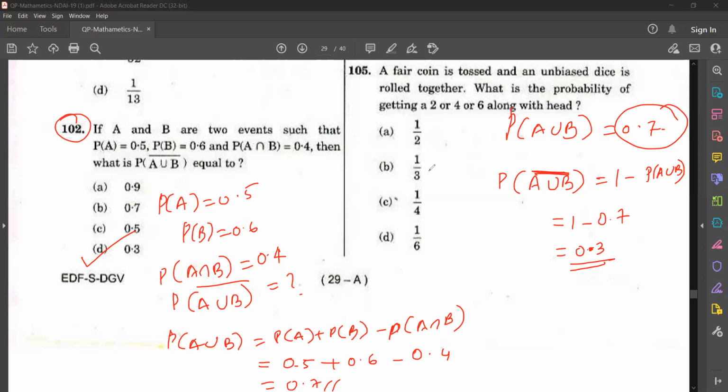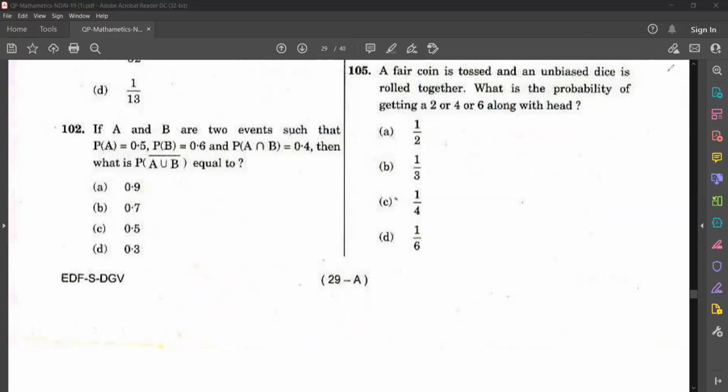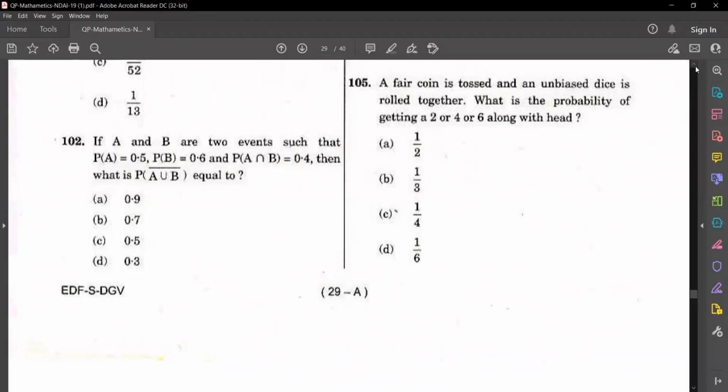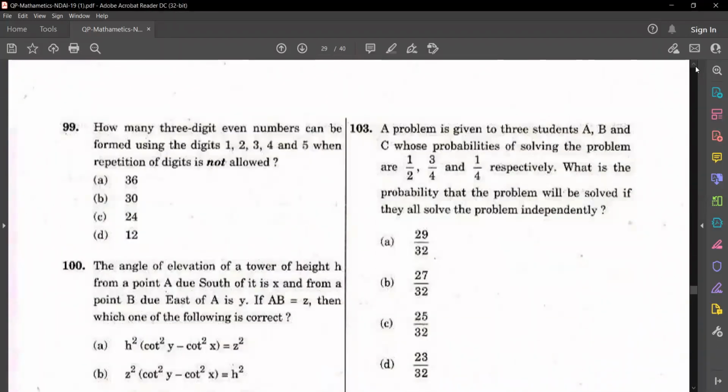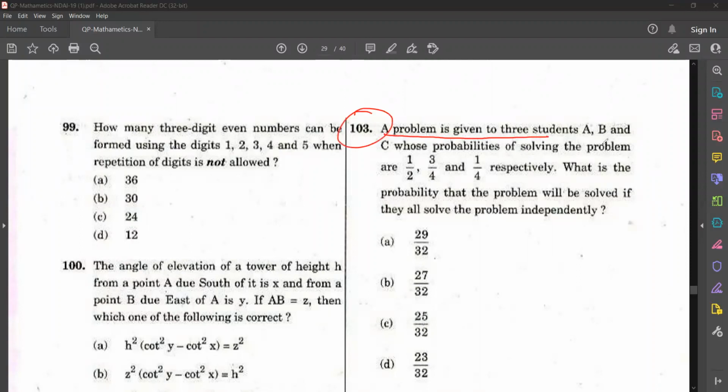Okay, let's go to the next question. Question number 103.